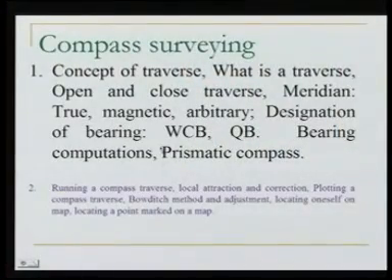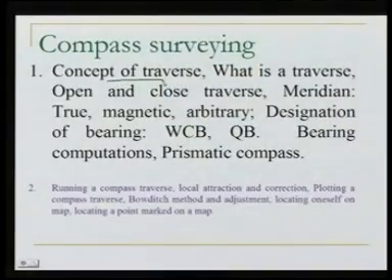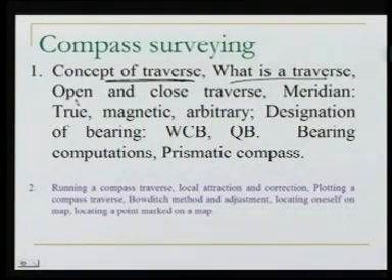And today we will start talking about compass surveying. In compass surveying, first, before we go further to the compass, we will see the concept of traverse. Once we start talking about this, then things will become more clear to us. What is a traverse? Some definitions of open and closed traverse.